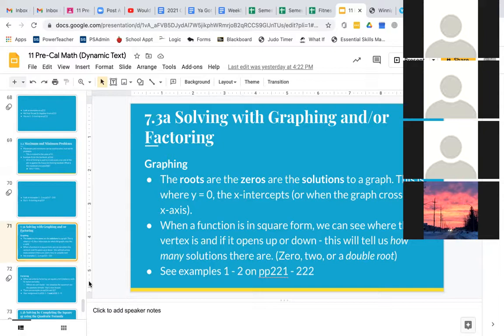Is that supposed to say the roots and the zeros? Nope. The reason I wrote it like this is because they're all equivalent. The roots, our zeros, our solutions, all those words are interchangeable. Yeah, thank you for asking.